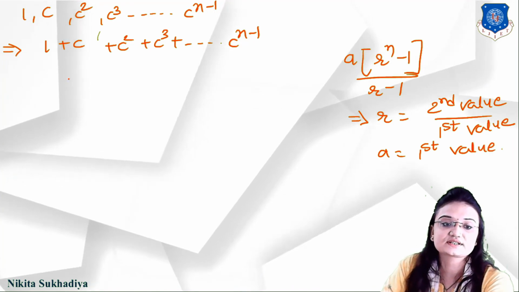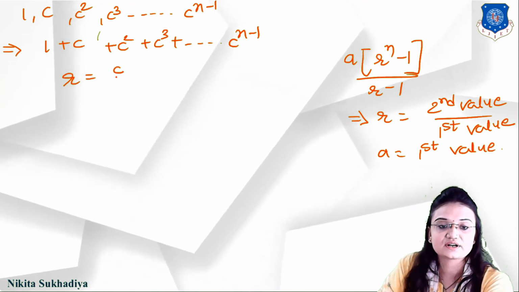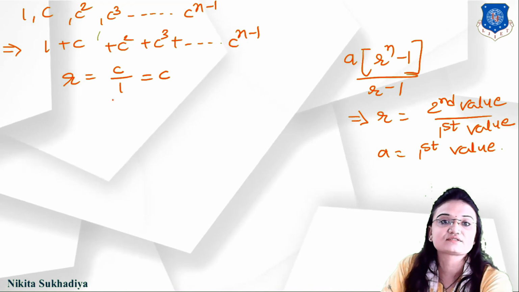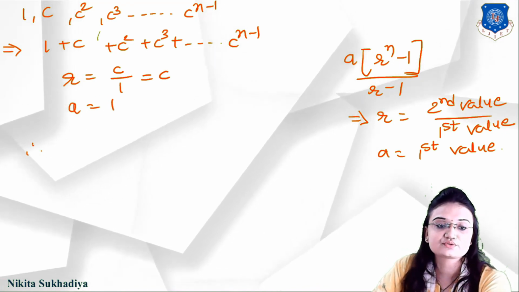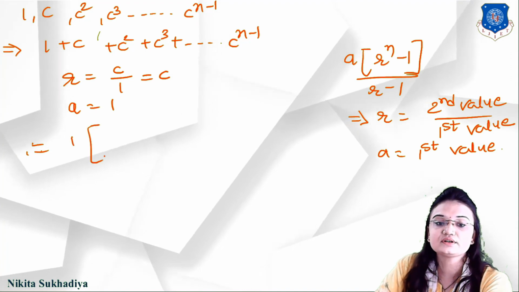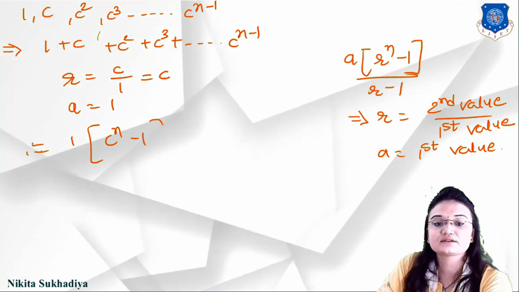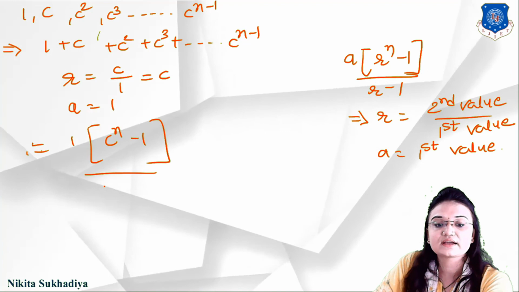In this case r is c upon 1, so r is equal to c, and a is equal to 1. Putting these in, we get (c raised to n minus 1) upon c minus 1.